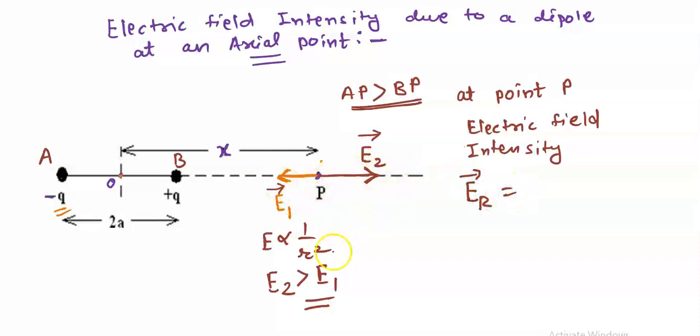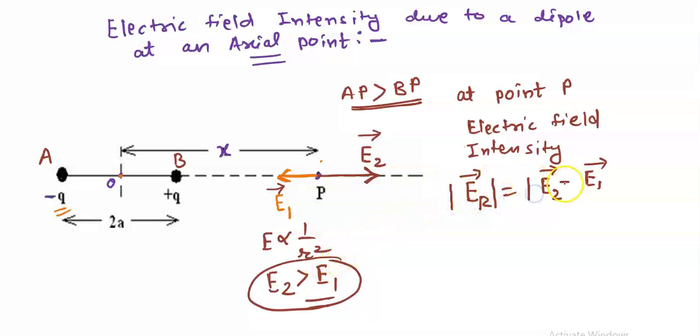Now E2 is greater than E1, it is obvious because of the distance. So we can write it as E2 vector minus E1 vector. Now for the sake of convenience we can take the magnitude, because we know the direction of the resultant. Mod means magnitude, so this is the value of the ER vector.